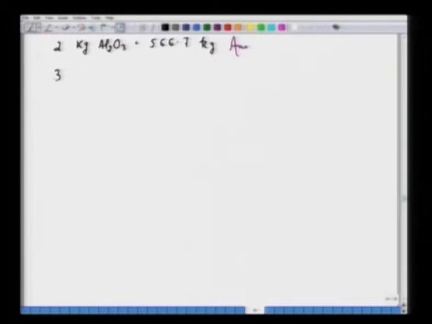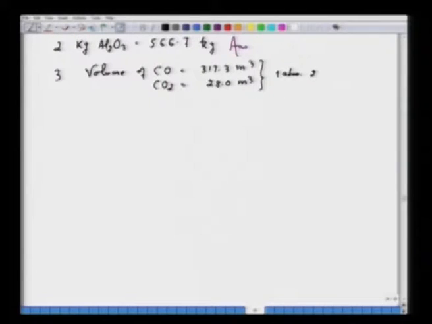For 3, that is the volume of CO. Now, once you have the balanced chemical equation, then everything follows on its own. 317.3 meter cube and volume of CO2, that is equal to 28.0 meter cube. Mind you, these volumes are at 1 atmospheric pressure and 273 Kelvin.